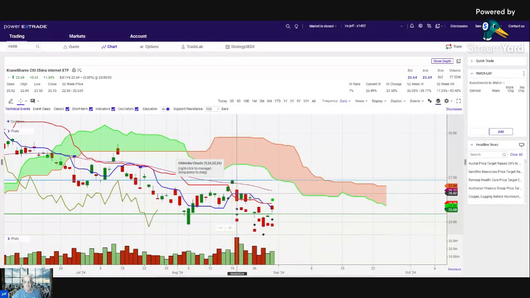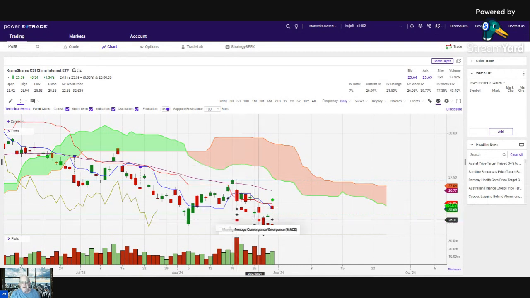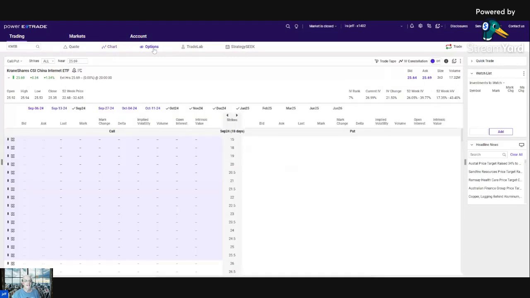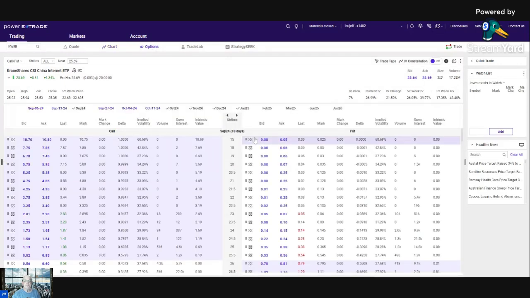I wouldn't buy here because the blue is above the red, but imagine somebody bought on this big red candle at 26.53 and got out and sold it at 24. So for round number purposes, again, $2 at a 70 delta, $140 on one contract.